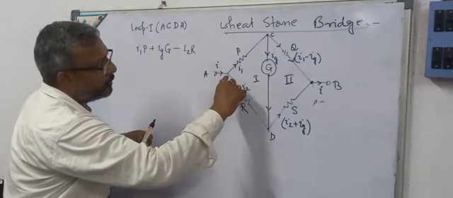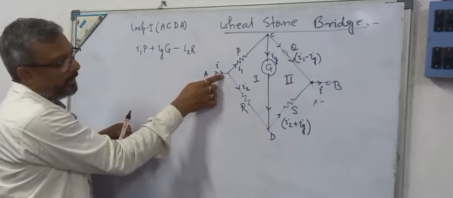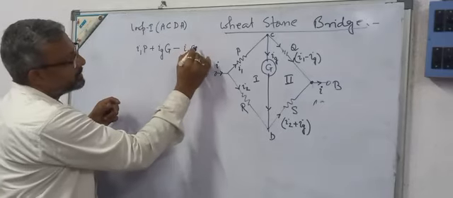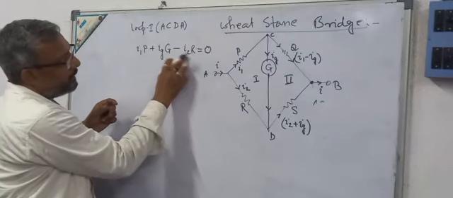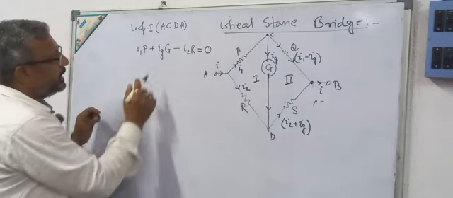Because I have taken the loop from A to C, C to D and then D to A, but current actually flows from A to D, so minus I2 R is equal to 0, because within this loop no cell is there.